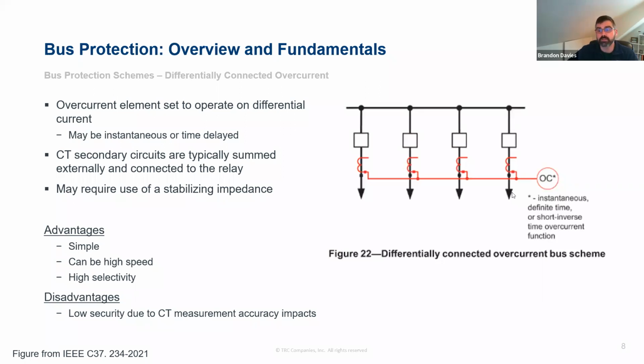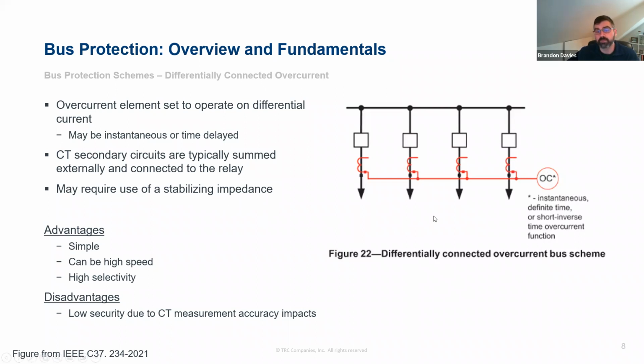So we don't see this scheme applied very often. We'd have that overcurrent element. Oftentimes we see a stabilizing impedance in parallel with the overcurrent element itself, which helps with some of the CT errors and things like that the scheme will see.